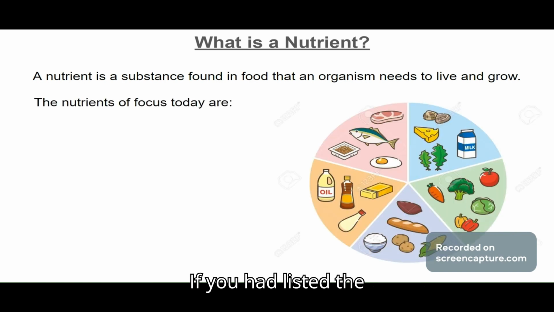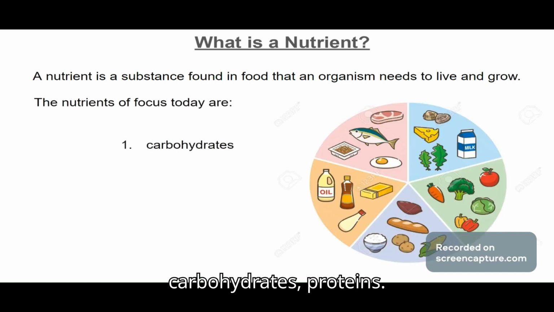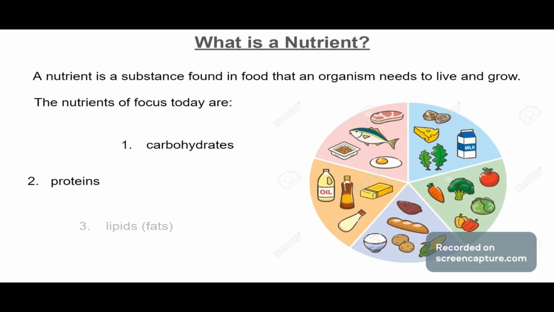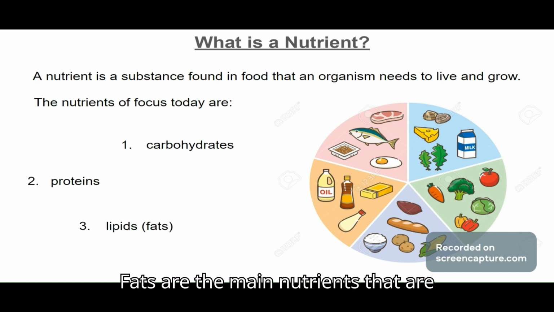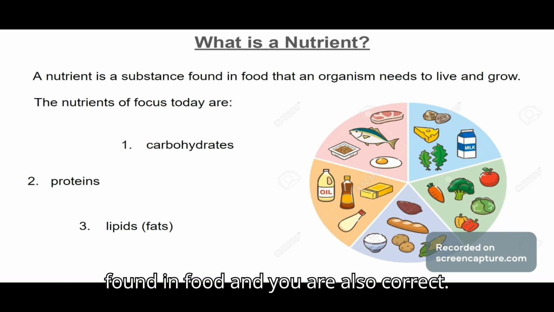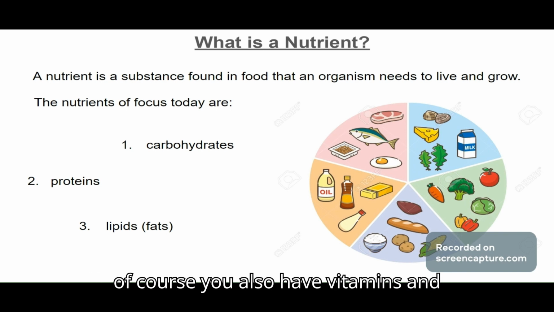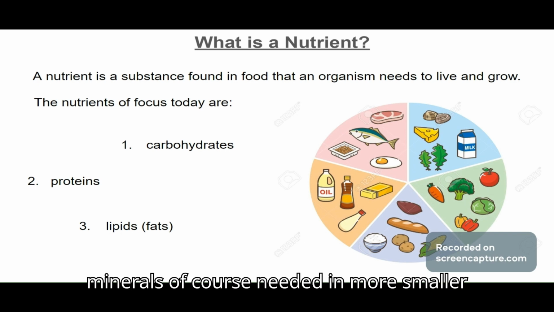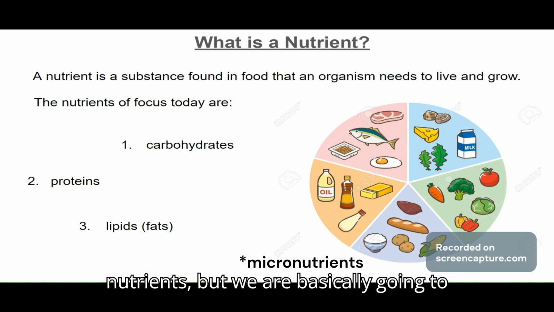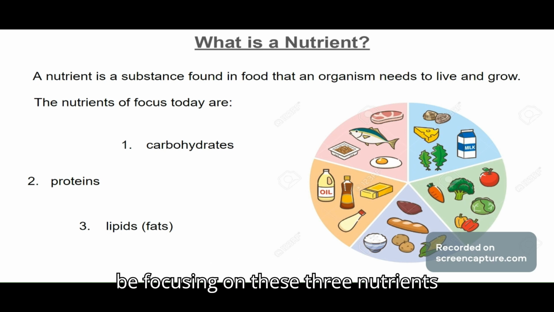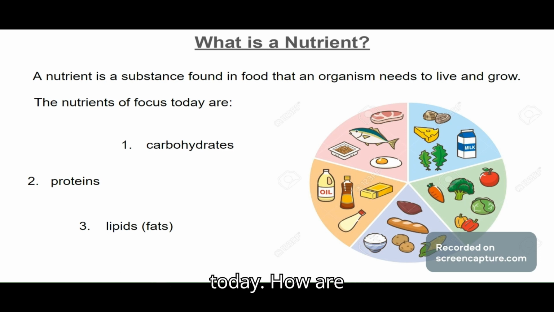If you listed carbohydrates, proteins, and fats as the main nutrients found in food, then you are also correct. These are known as macronutrients. Of course, you also have vitamins and minerals, needed in smaller portions. Those are called micronutrients. But we are basically going to be focusing on these three nutrients today.